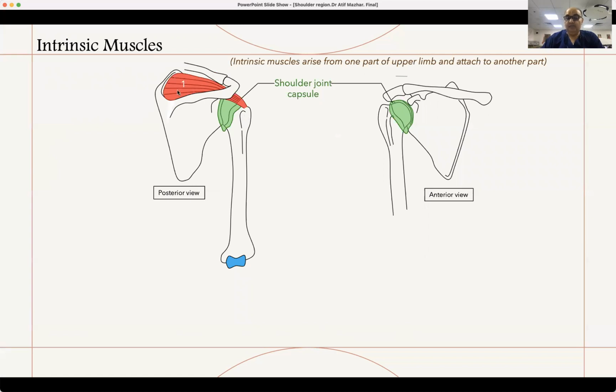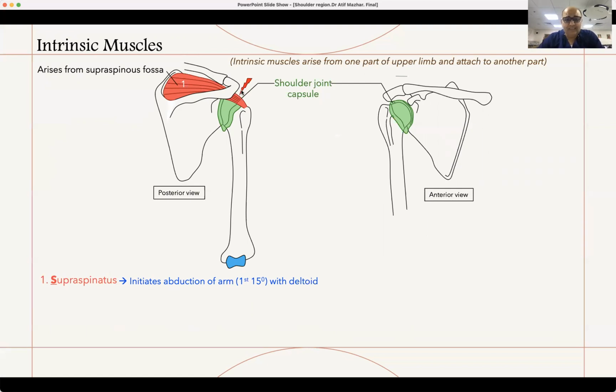This is my number one, the supraspinatus muscle, arising from the supraspinous fossa. And what it does is very important. It initiates the abduction. From 0 to 15, 0 to 20, 0 to 30, all is acceptable. But initiation of abduction is because of this.